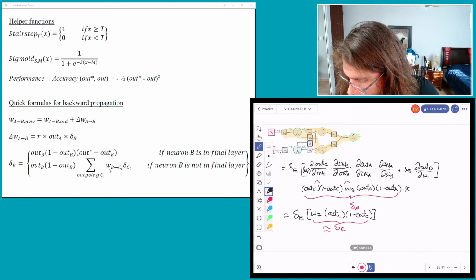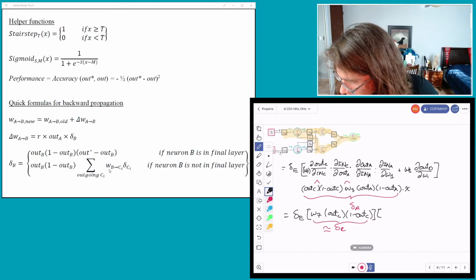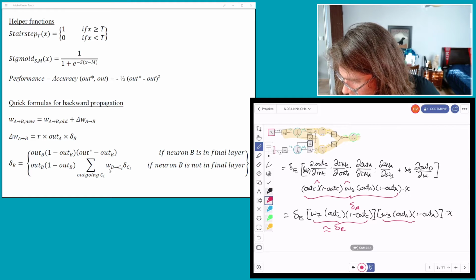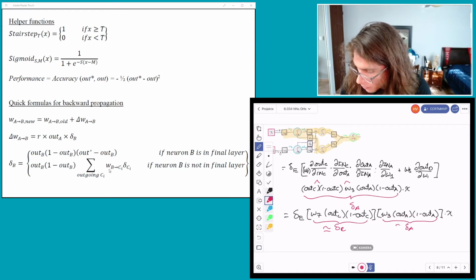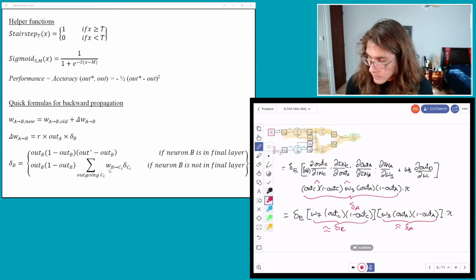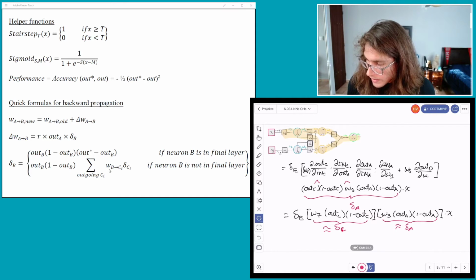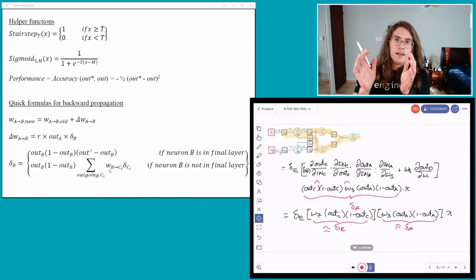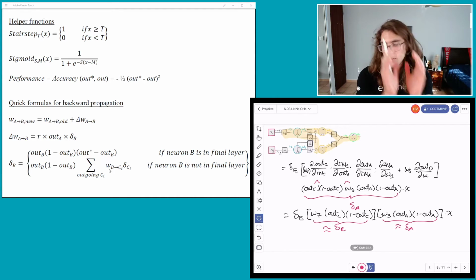And then we have W3 out A, 1 minus out A times X. And this is, I'm going to say, approximately delta A. And again, approximately, because delta A includes delta C in its calculation and delta E, I'm choosing to just cut it off and say this part is delta A, just so that you can see delta A, delta C, delta E.